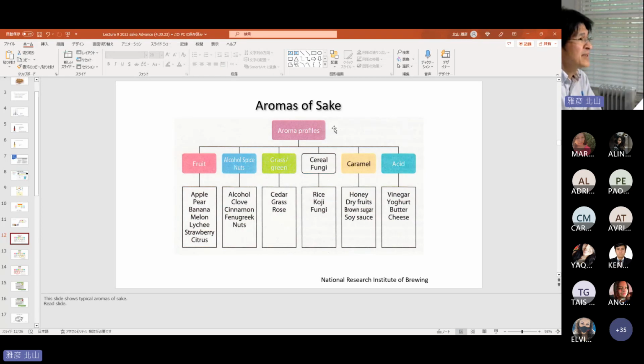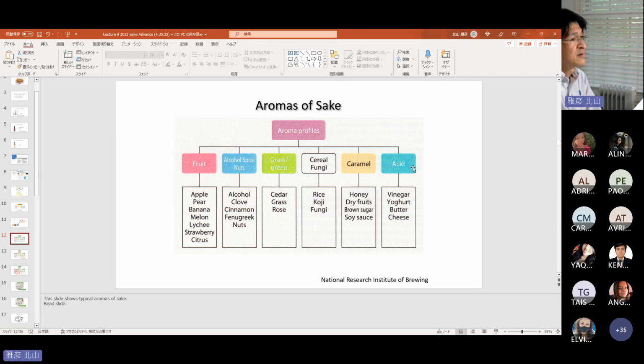So by using large rice grain at high temperature, we can feel the aroma of cereal or fungi. We can feel the impression of rice, koji, fungi, and also the characters of honey, dry fruit, brown sugar, and soy sauce.